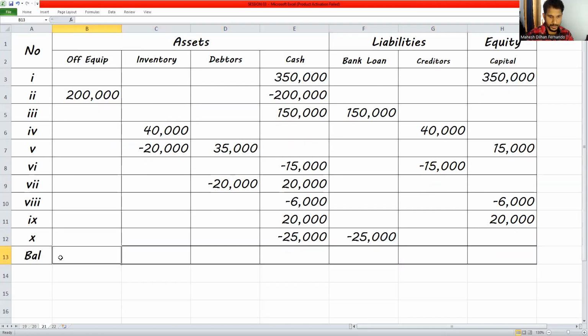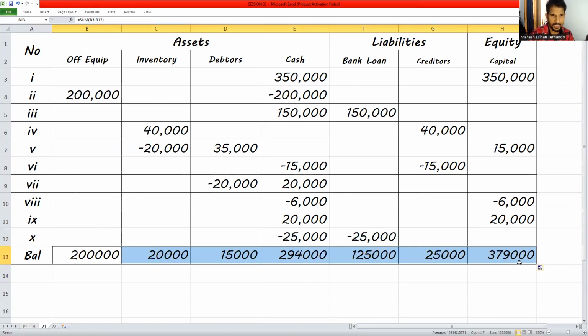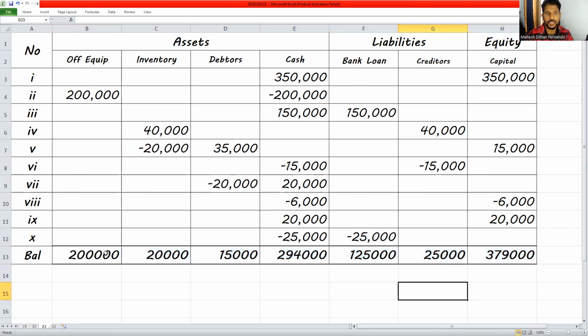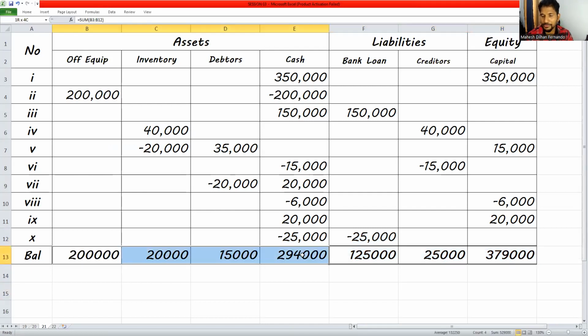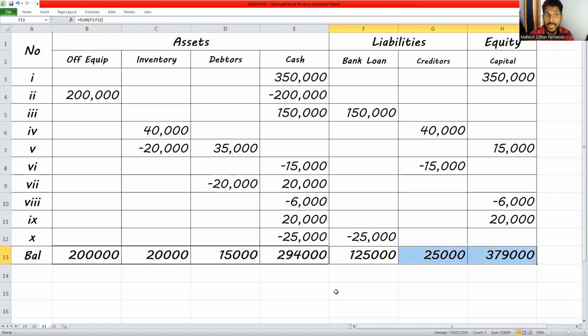Good. These are the totals, additions. I can remember some of you have done it really nicely. So the total assets 529,000, total liability and equity is also 529,000.